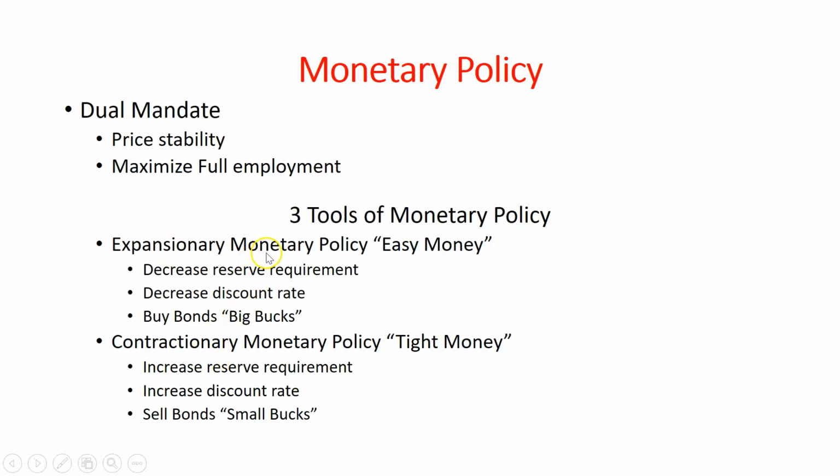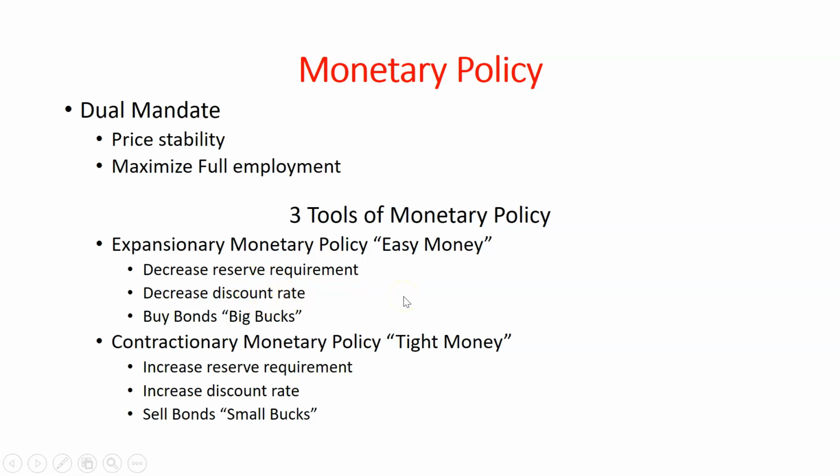And then another way to say expansionary monetary policy is to say easy money. And another way to say contractionary monetary policy is to say tight money. And then these are the 3 different tools that go along with expansionary monetary policy, and these are contractionary. Obviously, this is the one that sometimes students will mess up, is the discount rate.